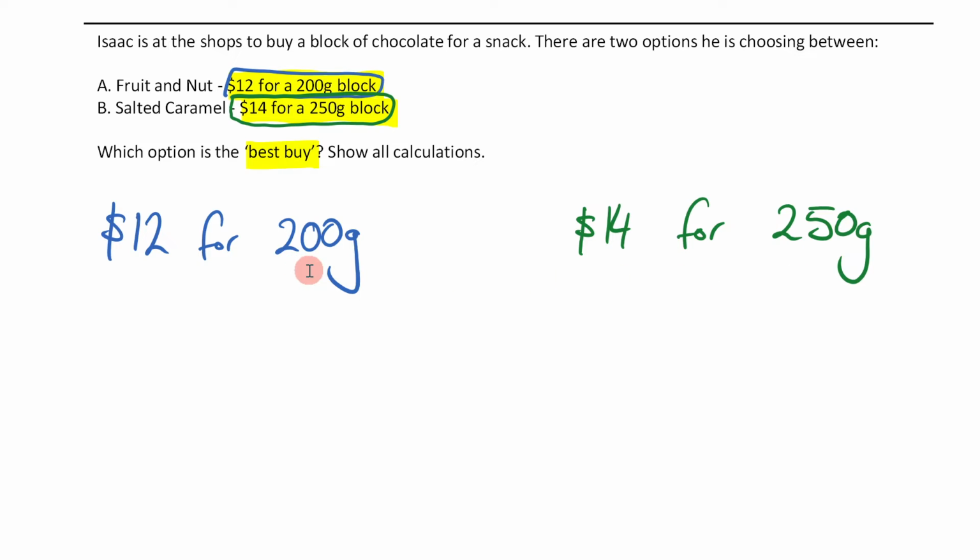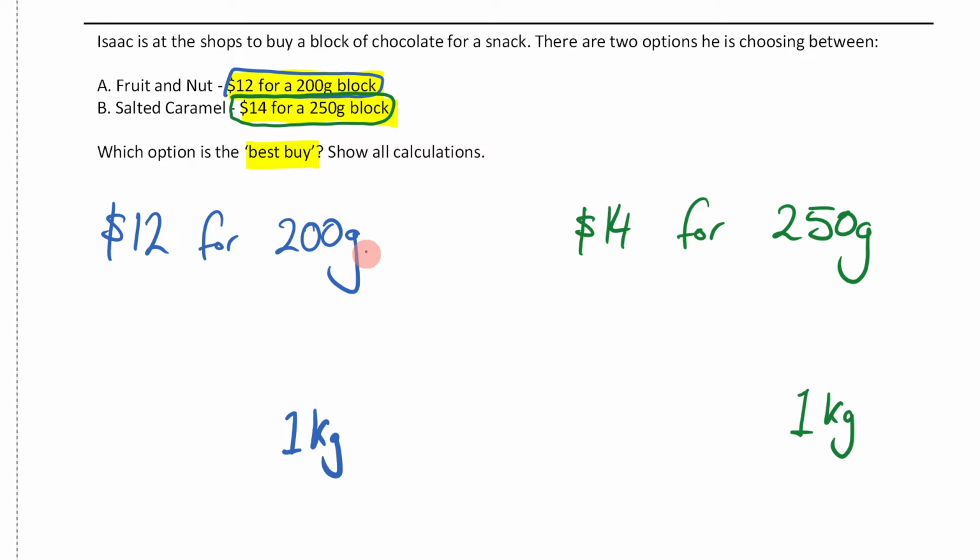Rather, what would make better sense is to get them both to a kilo. So can I make this 1 kilo? Can I make this 1 kilo? Then I can compare how much is 1 kilo for each of them.